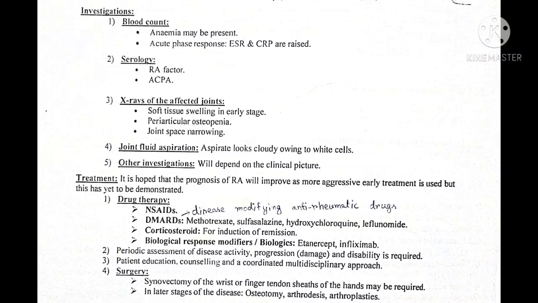In serology, we can find rheumatoid factor and ACPA or anti-citrullinated peptide antibody. In X-ray of the affected joint, we can see that the soft tissue is swollen in early stage, and then periarticular osteopenia and joint space narrowing can be seen.